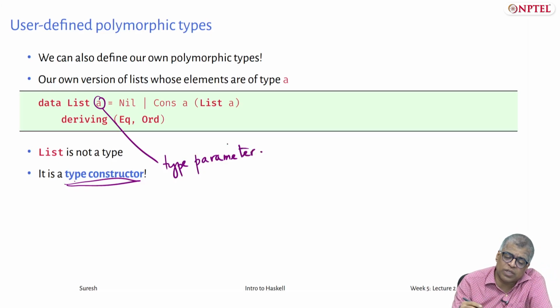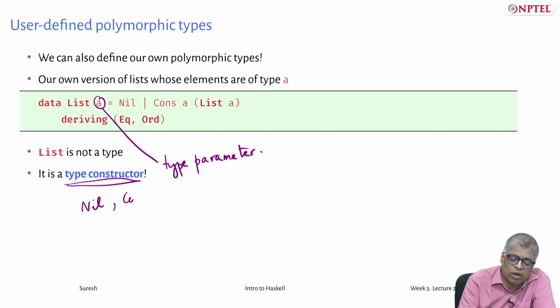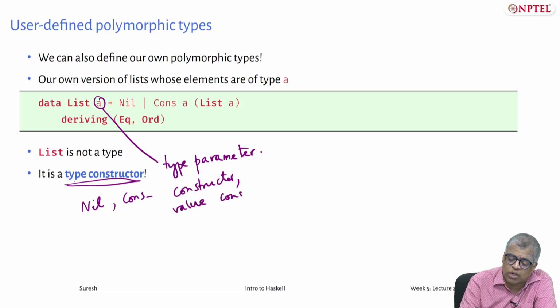So list is a type constructor; nil and cons are value constructors, or sometimes you will just say constructor, or if you want to emphasize, data constructor.